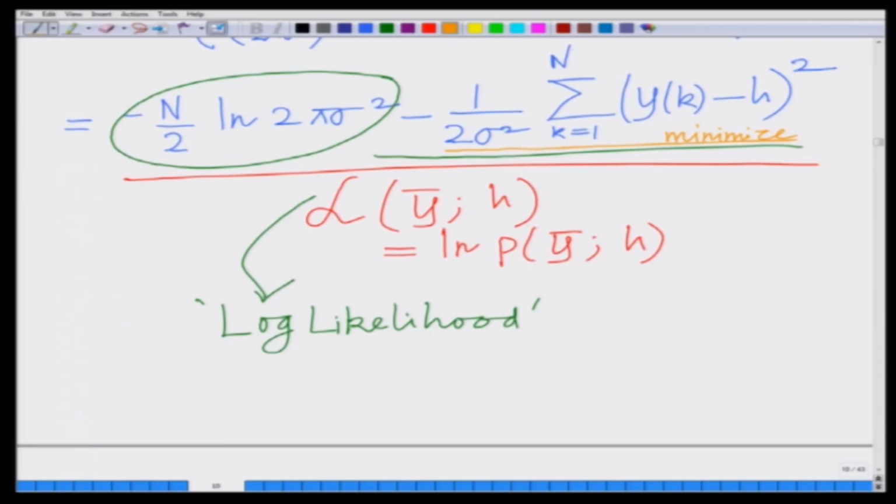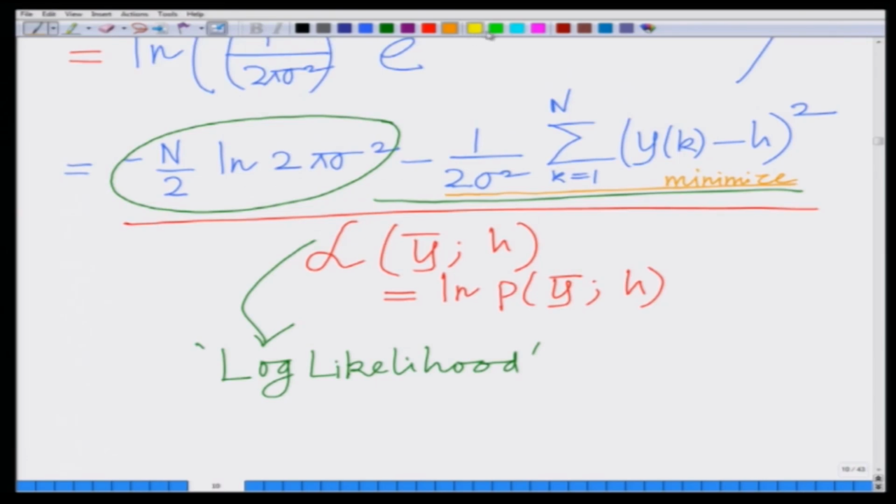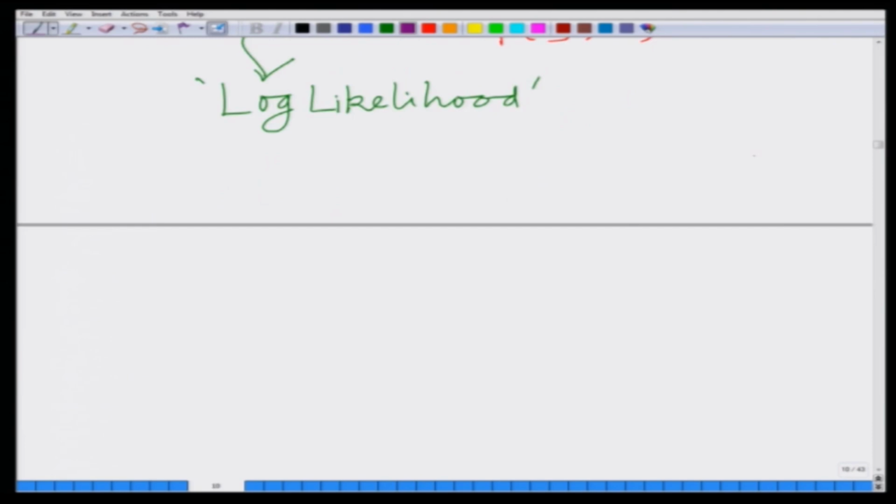So what I am saying is that, although this log likelihood function might seem complicated to begin with, it is equivalent to basically minimizing this part. And now that minimization is easy, I can simply differentiate this and set this equal to 0 to minimize summation k equal to 1 to n yk minus h square.